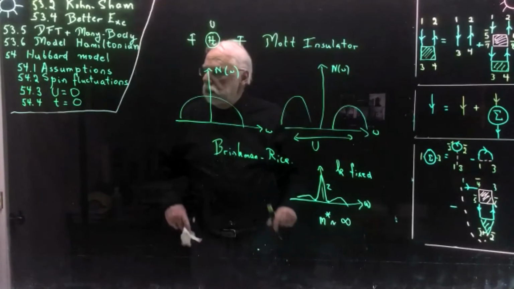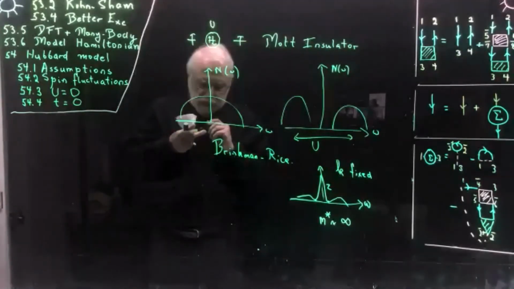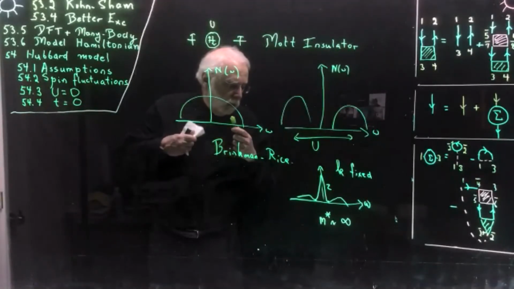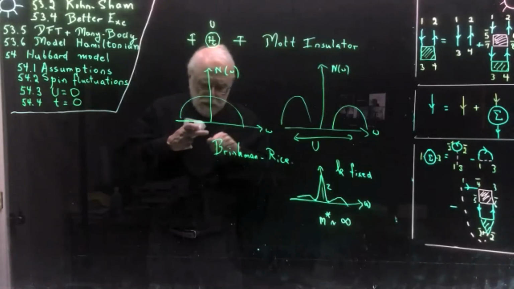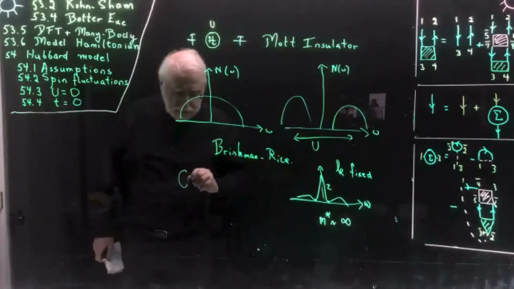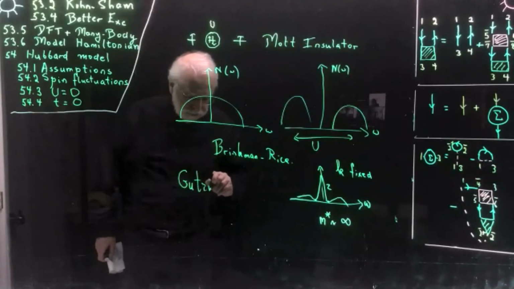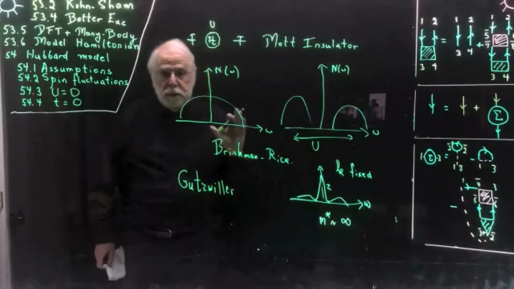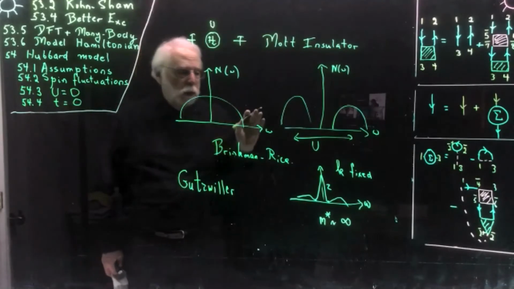Okay, now there were slave boson methods that I won't show by Kotliar and Ruckenstein that predicted something a little bit different. That is a generalization of an approach, another name that you will hear often, Gutzwiller. But in the end, the picture that is accepted now is the picture of dynamical mean field theory that I will show you.